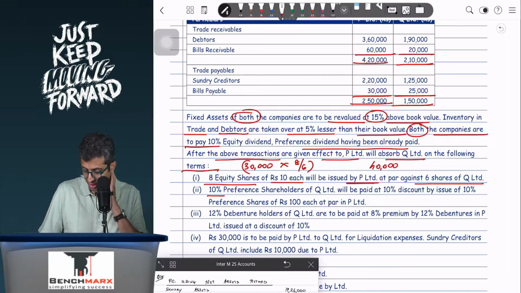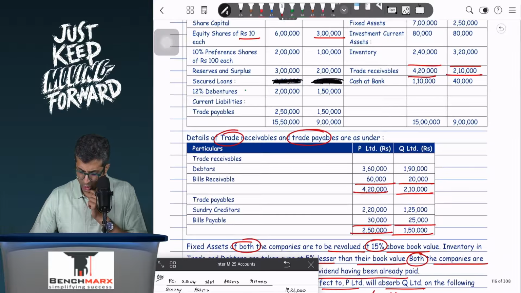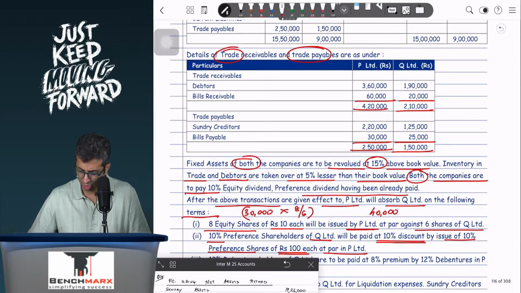10% preference shares of Q will be paid at a 10% discount by issue of 10% preference shares of rupees 100 each at par in P. So I don't know what the issue price earlier was.